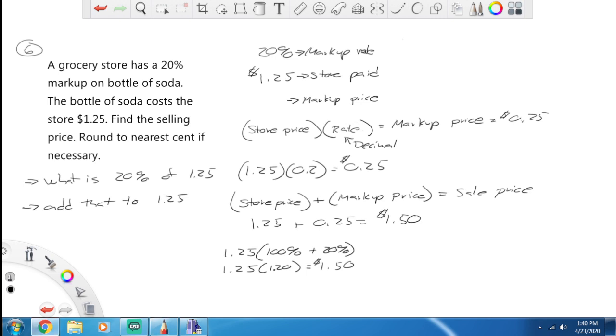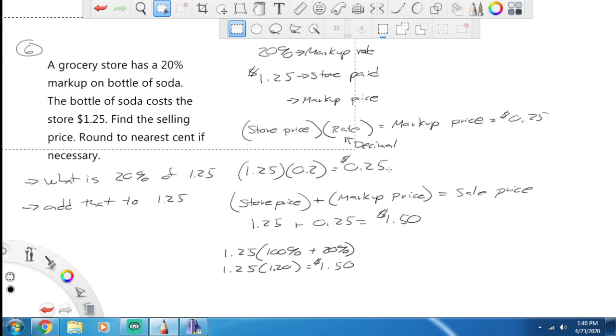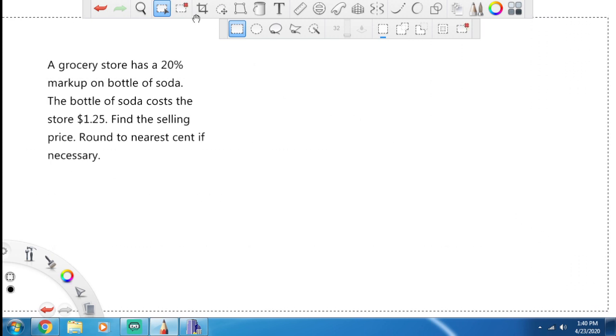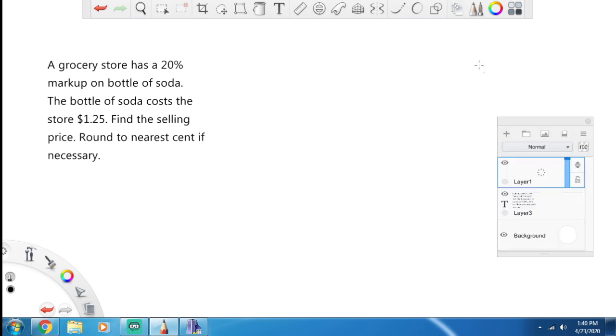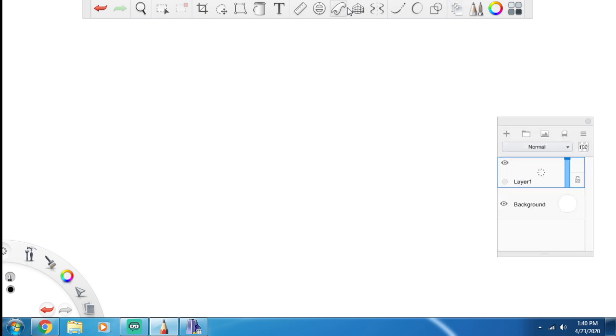And yeah, we're going to do the markup ones for sure today. I mean, the percent change is pretty simple. Markup stuff takes some reasoning skills, and that's what we're really trying to focus on right now. And reasoning is tough to build. So let's look at number 7 here.